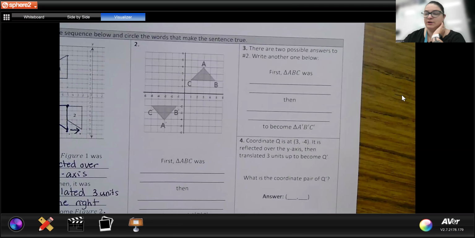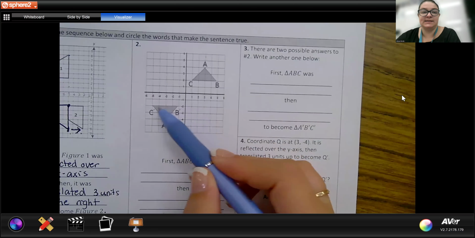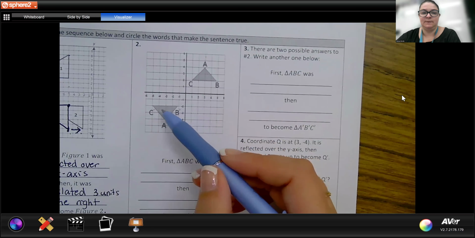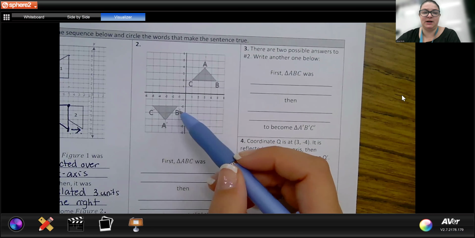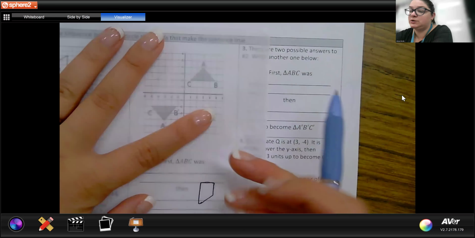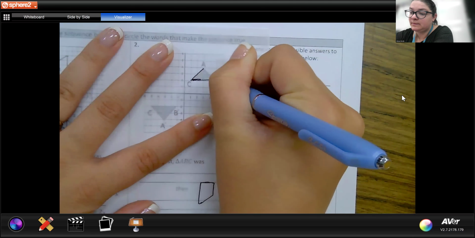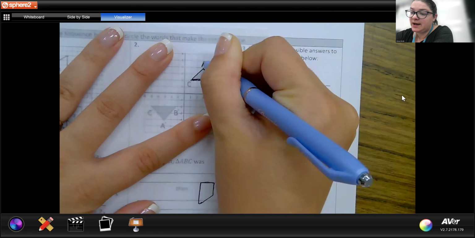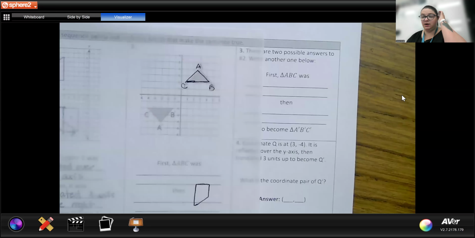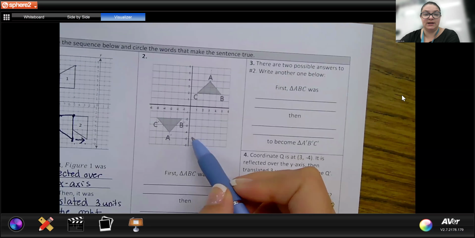So for number 2 here, I'm going to do the same thing. This time, however, because it is an isosceles triangle, my sides AB and AC, and A prime B prime and A prime C prime, are the same length. So I am going to label my points as well: A, B, and C. That will make a difference on this one, because this looks like it's just been rotated 180 degrees.